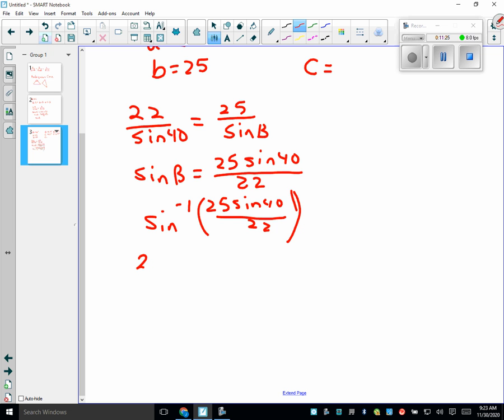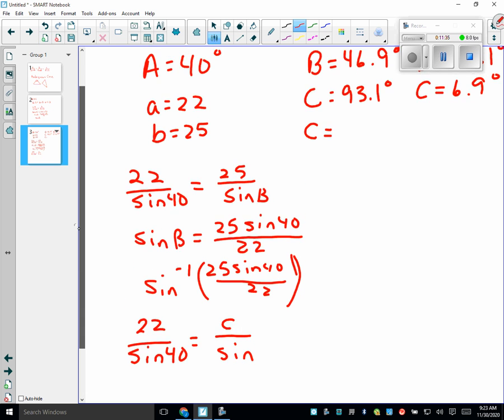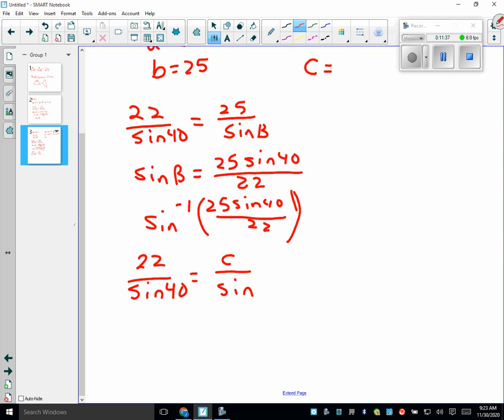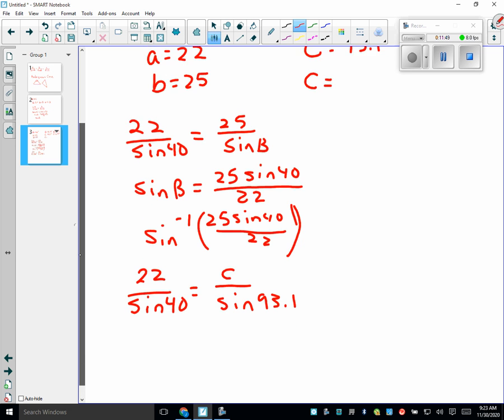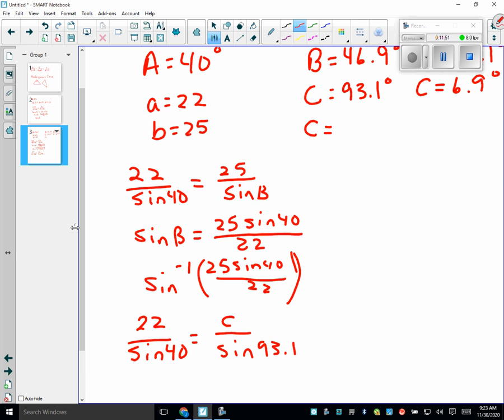So 22 over the sine of 40 is equal to C over the sine of 93.1. Is that right? And what is C? 34.2. Do you all agree?